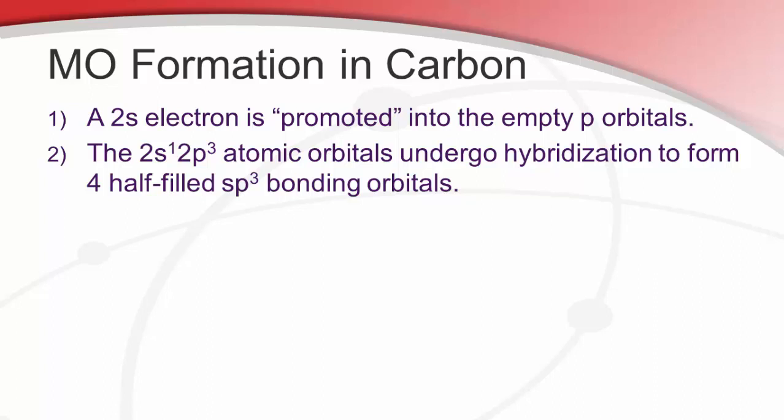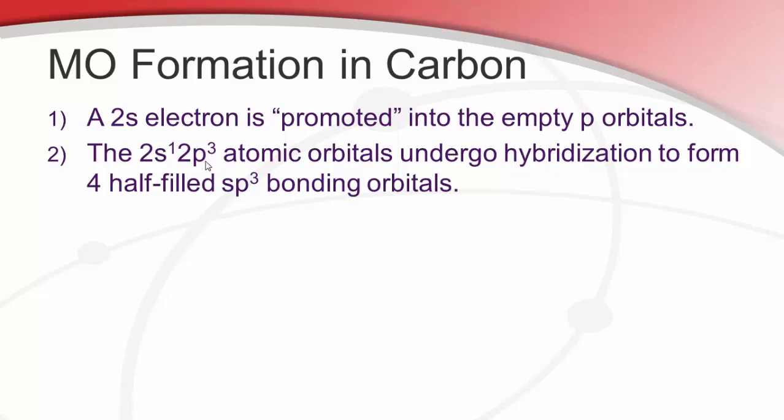Now, this doesn't solve our problem completely. That would give us 2s1, 2p3 atomic orbitals, and we'd still have the problem that the 2s isn't equivalent. Well, what ends up happening, in fact, is that the equations for the shape of these get combined together to form a sort of weighted average of what we've got there.